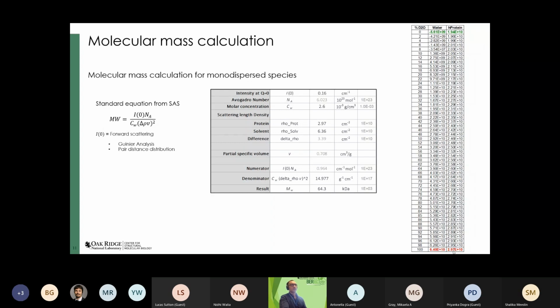And here is the scattering density of our protein in a given buffer condition. So that is going to give you the delta rho, which is the contrast difference. So it's very easy to use. And then the partial specific volume is a constant that is retrieved from the literature. It's almost identical for all proteins, and you can get a nice molecular weight of our protein here, which agrees with the HSA.